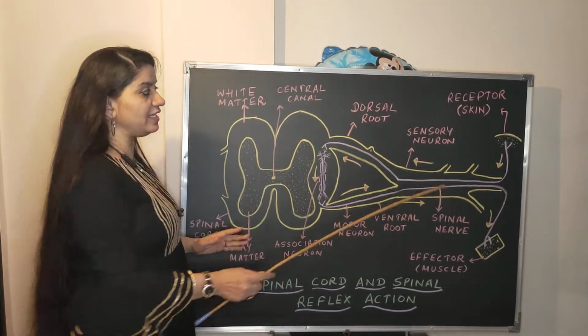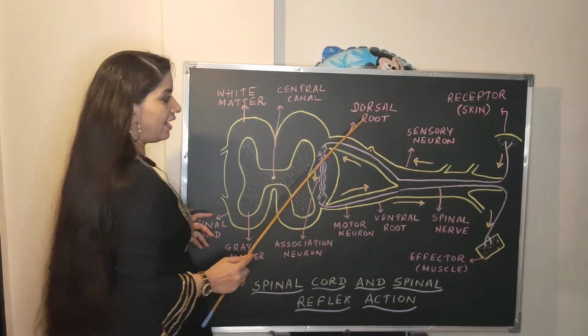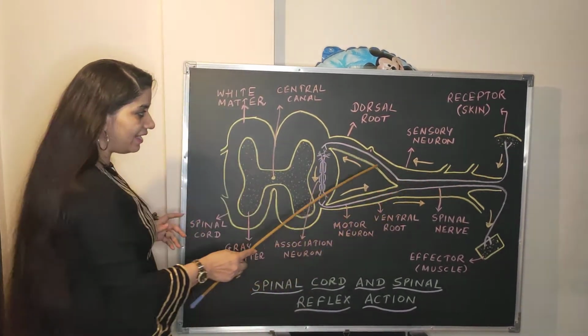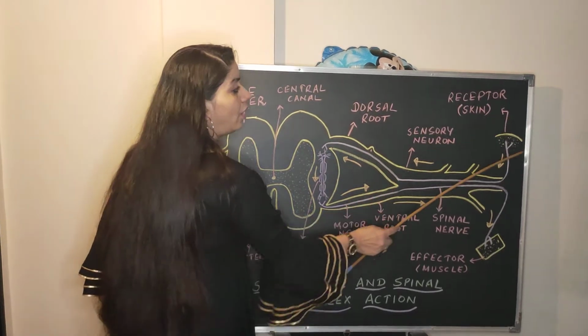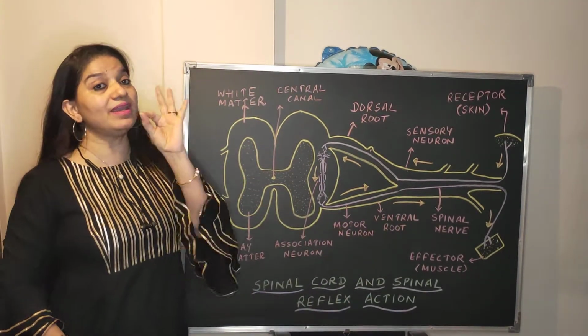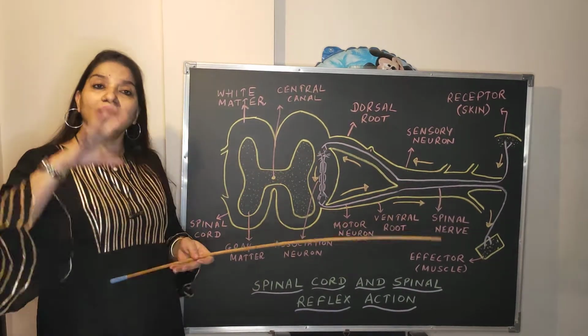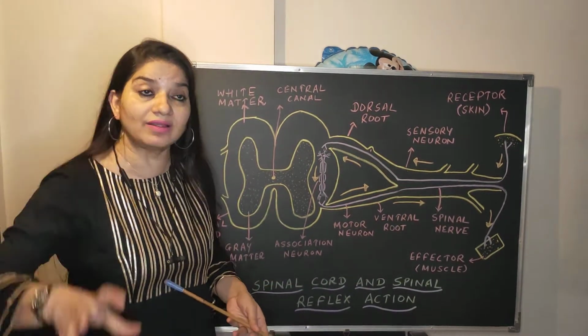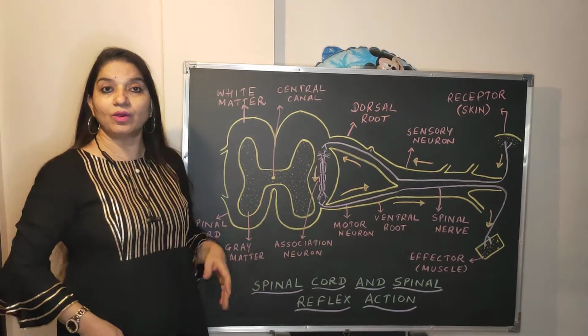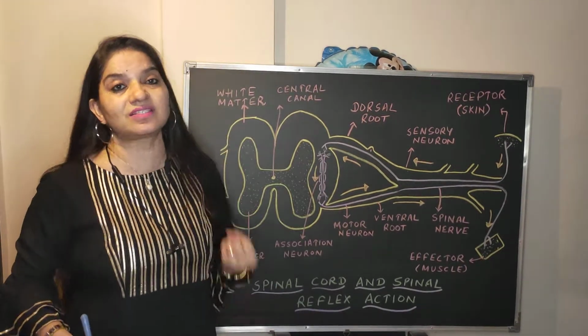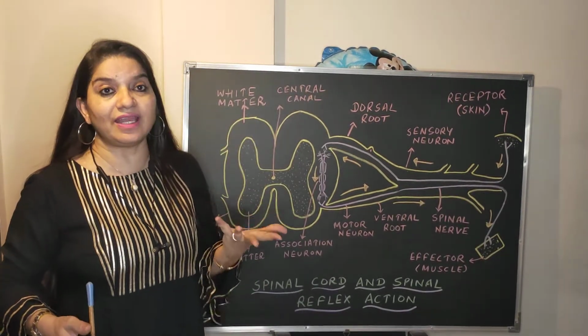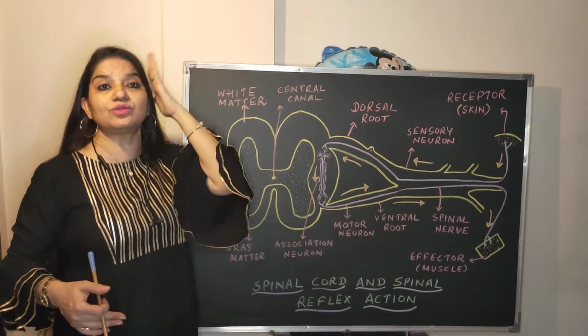You have to see the arrows which are coming inside. That part will always act as the receptor. Again I am repeating, the arrows which are coming inside will always come from the sensory organs, that is the receptors, because the receptors will take the stimulus and bring it to our central nervous system.